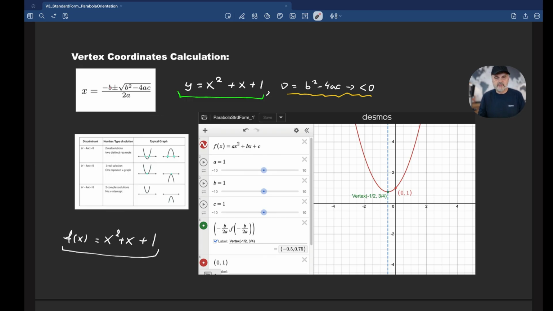Now, the important thing, refreshing your memory, is the discriminant condition that determines whether you have an x-intercept or not. In this particular question, b squared minus 4ac, when you identify the a, b, and c coefficients and plug into the formula, you get a negative entry, which means that the quadratic function has no x-intercept, right?